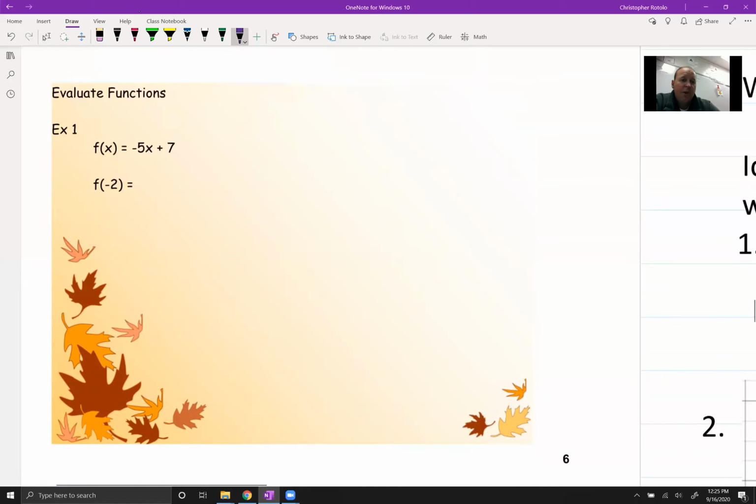All right, now that we know about functions, we'll review a little bit. This problem was previously given to you as y equals negative 5x plus 7, and then it said solve if x equals negative 2. So that's what's going on right here. X is being replaced with negative 2. So where I have x, I'm about to put negative 2. So I have negative 5 parentheses negative 2 plus 7.